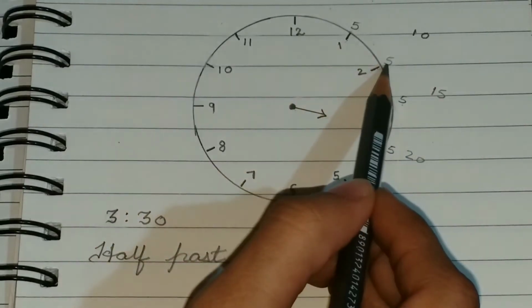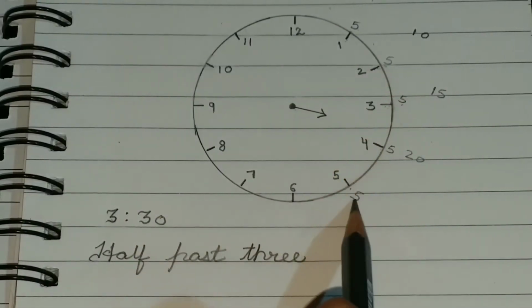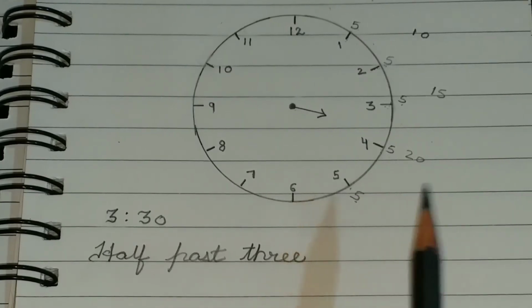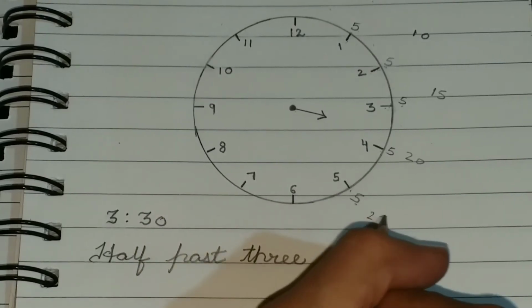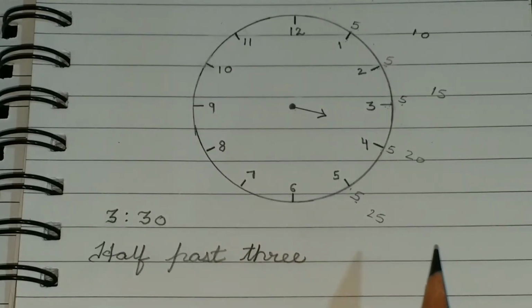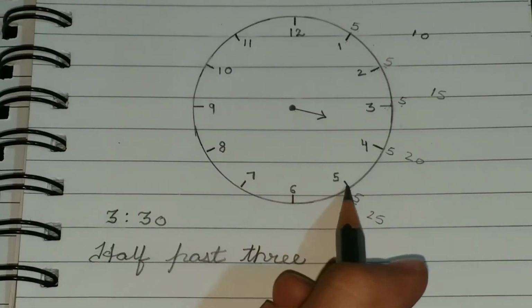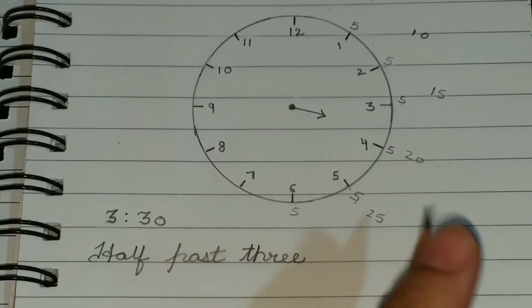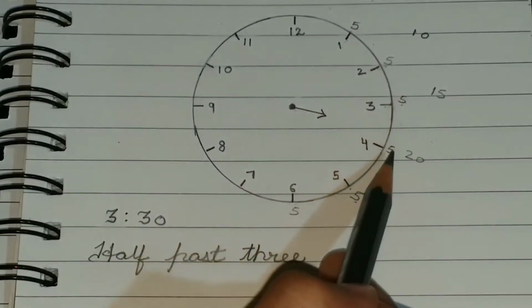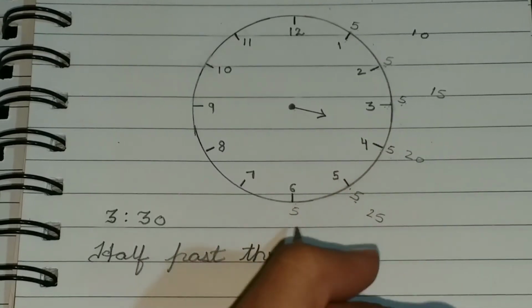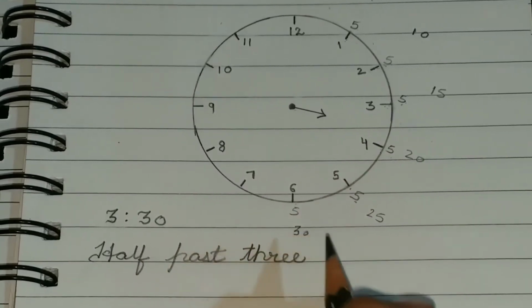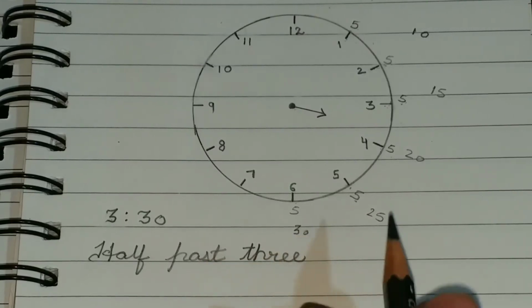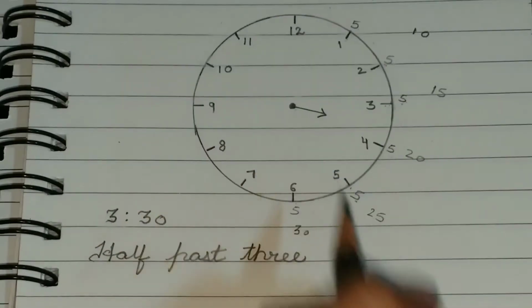Now 5 plus 5 plus 5 plus 5 plus 5 becomes what? 25. It becomes 25. Now when it moves from 5 to 6, it covers 5 more minutes. So 5 plus 5 plus 5 plus 5 plus 5 plus 5 becomes 30. So here 30 is coming. It means the minute hand is going to point at 6.